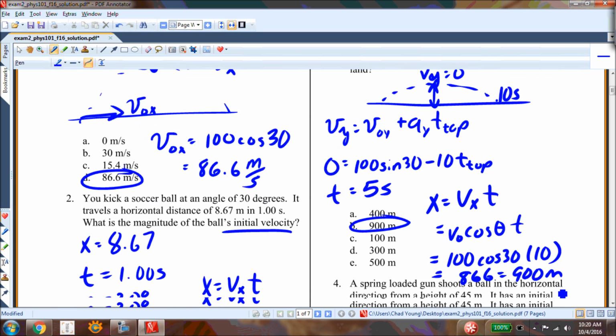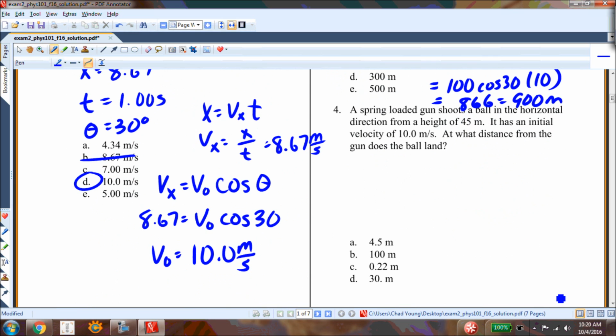So B is 3. A spring-loaded gun shoots a ball in the horizontal direction from a height of 45 meters, with an initial velocity of 10 meters per second. At what distance does the ball land? So it looks like this. This is like what we did in lab. It has a height of 45 meters. So first I want to find my time.